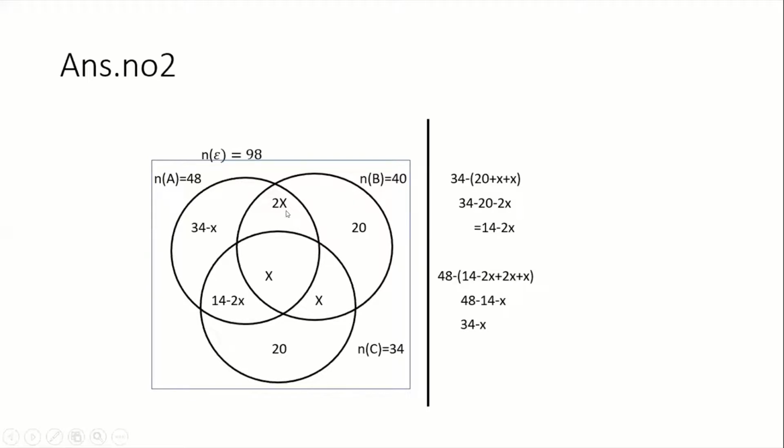That means A intersection B only is twice the number of those who voted for all the three contestants.